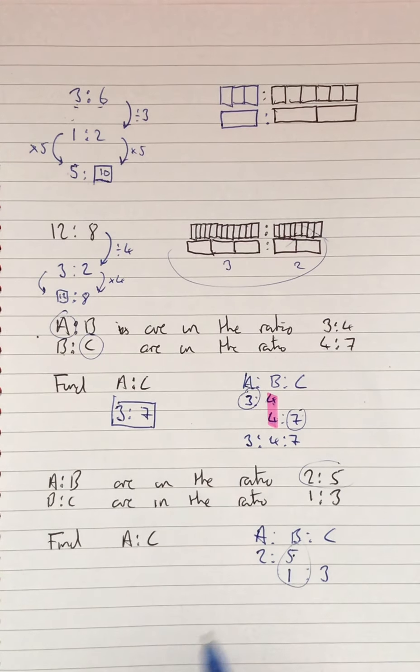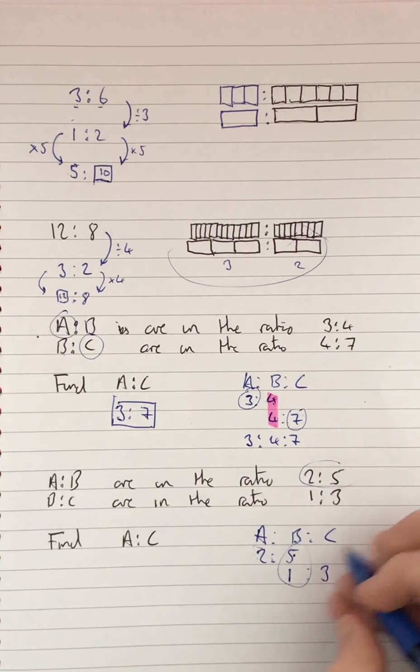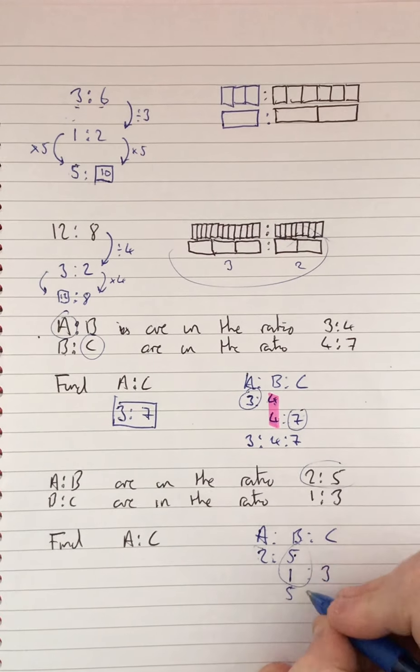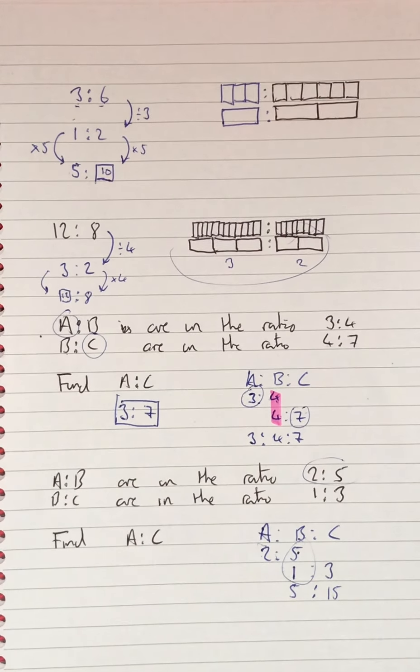Can we get from 5 to 1 easily? Yeah, but it's going to involve dividing a 2 by 5, and we don't want to do that. Can we get from 1 to 5 pretty easily? Yeah, we can. We can multiply both of these by 5. And they are equivalent ratios.